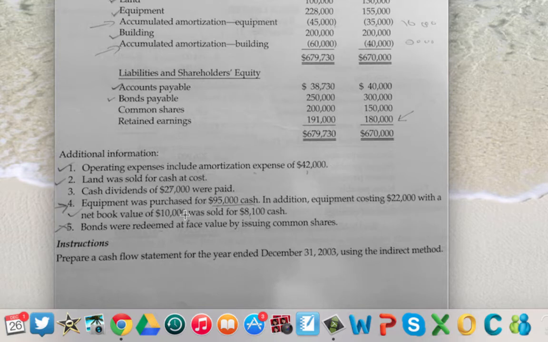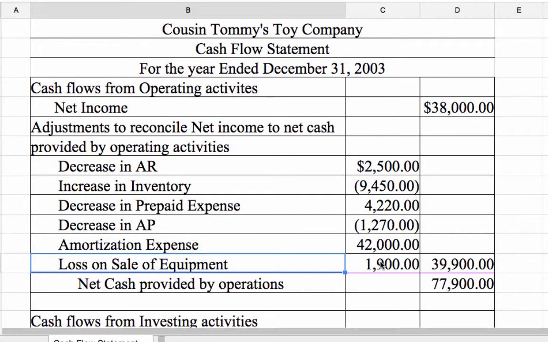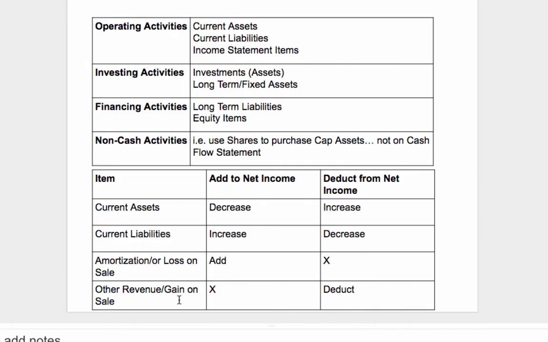But because there was a net book value of $10,000 and we sold it for $8,100, we have a loss on sale. So that loss on sale right here of $1,900 is an expense, so we're going to add it back. Again, if you look at my cheat sheet, loss on sale, we add it back.